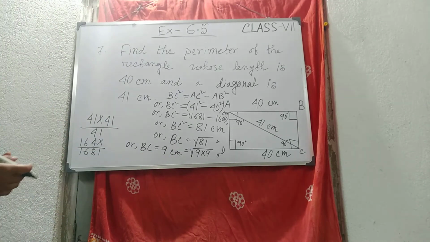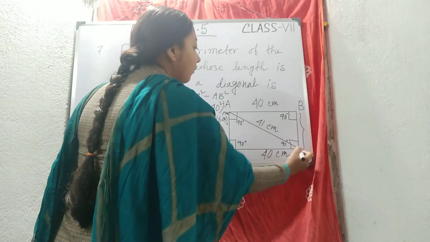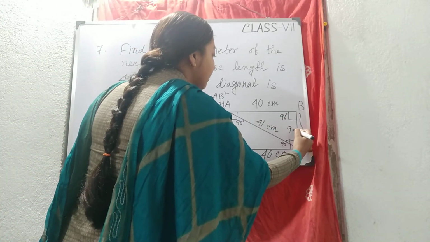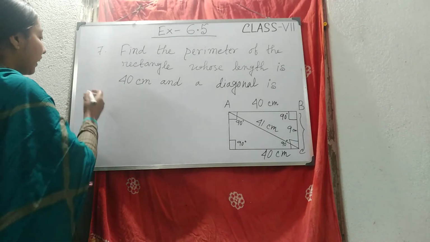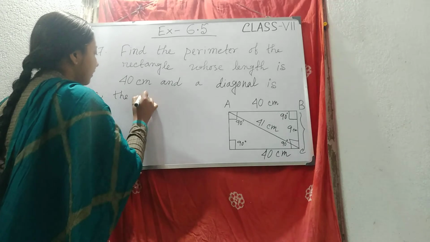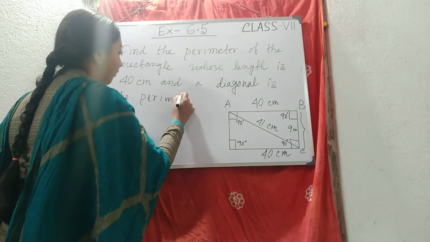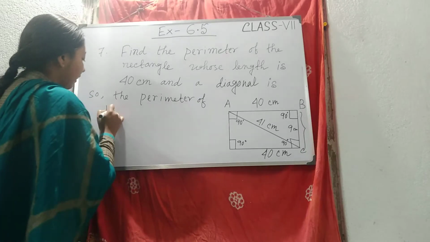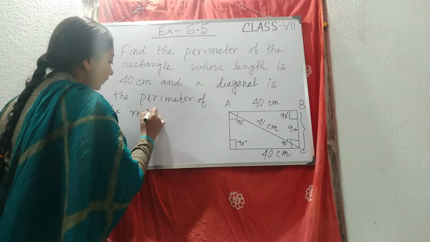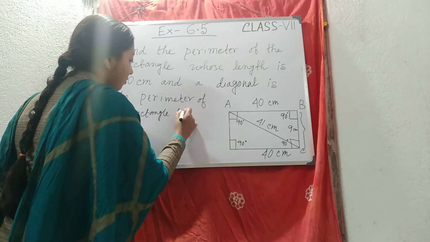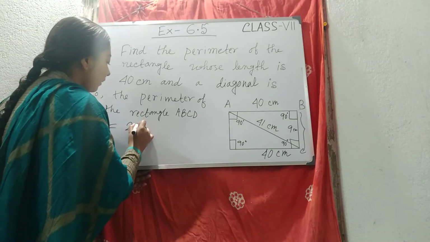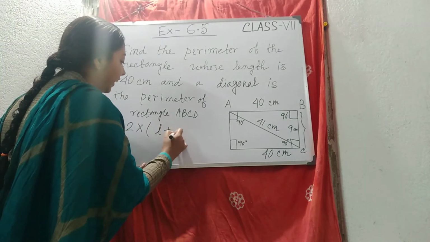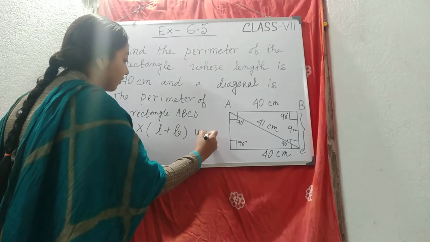Means the breadth of the rectangle we are getting is 9 centimeter. Okay. Now we can easily find its perimeter. So the perimeter of the rectangle ABCD equals 2 into, within the bracket, length plus breadth, with unit.